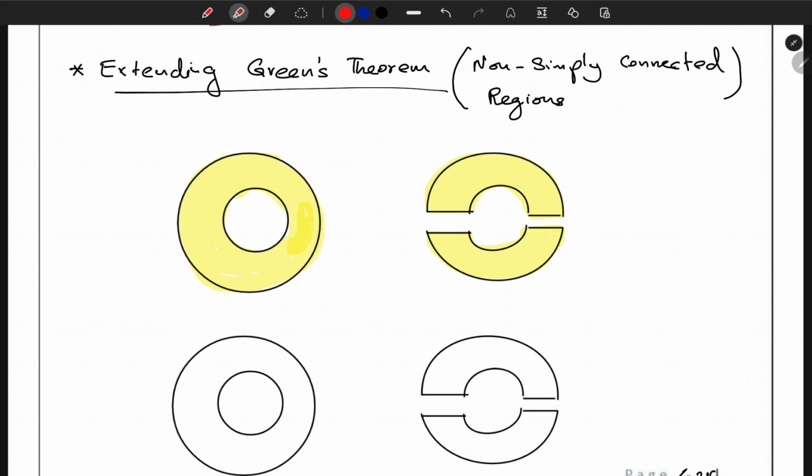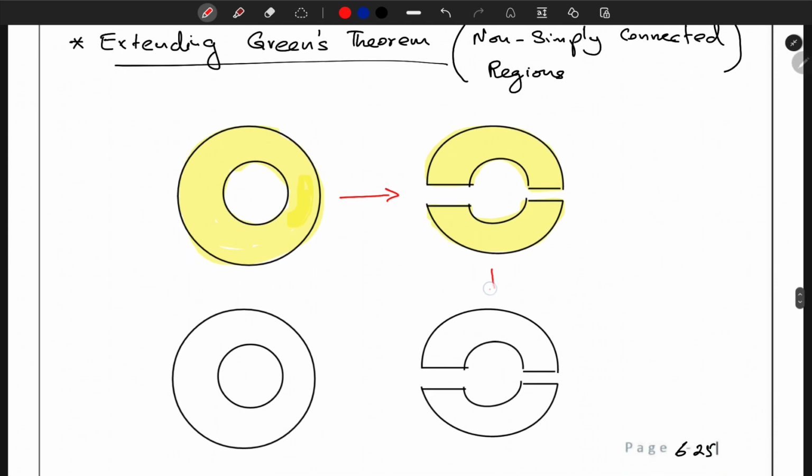So what we did is we took a non-simply connected region and broke it into two nice simply connected regions. Now both parts are simply connected. Okay, now we can use Green's theorem for top and bottom separately.